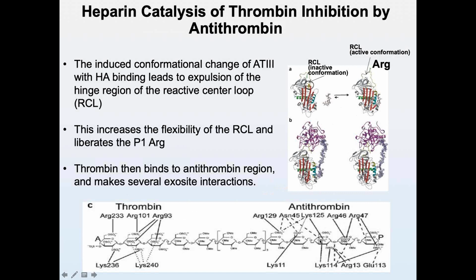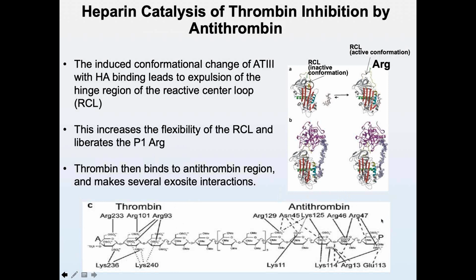Now, if you look at the interaction with thrombin, the number of basic residues at the thrombin binding site is more than at the antithrombin site. Not all the basic amino acids are shown here anyway. You have more basic residues at the thrombin binding site than at the antithrombin site.